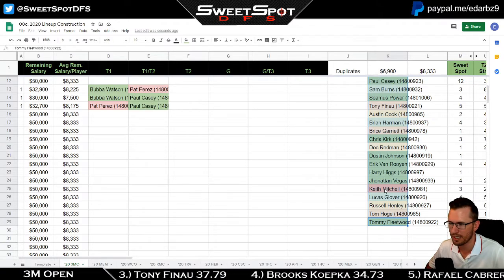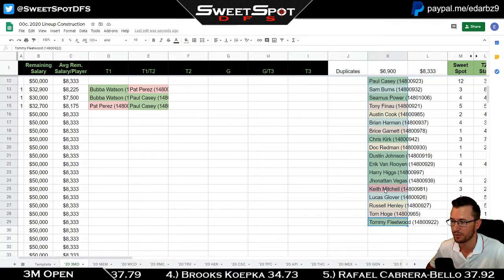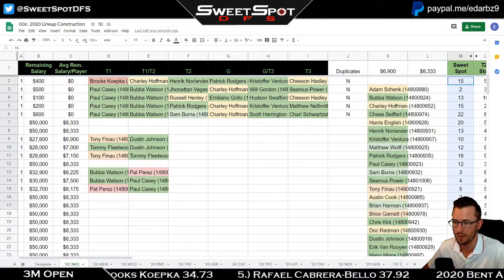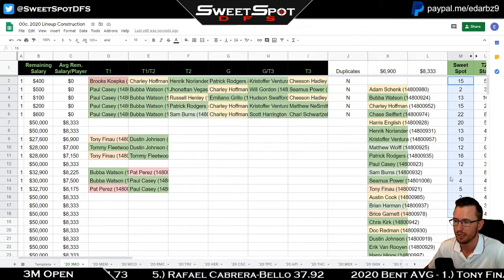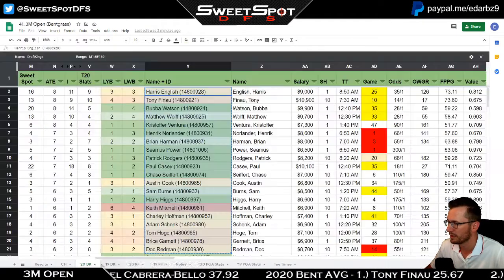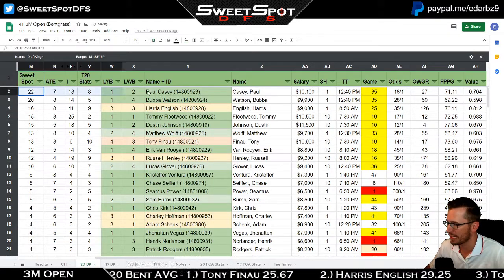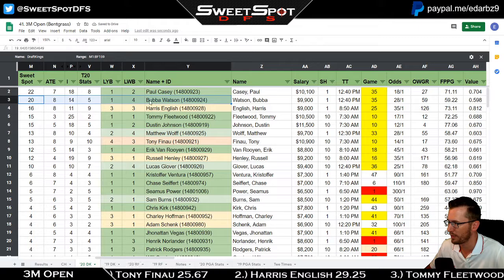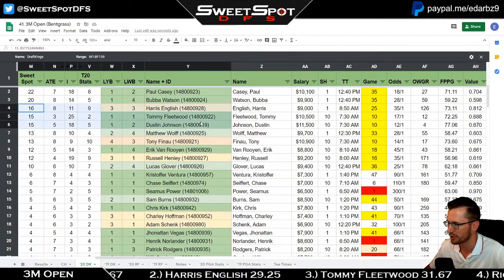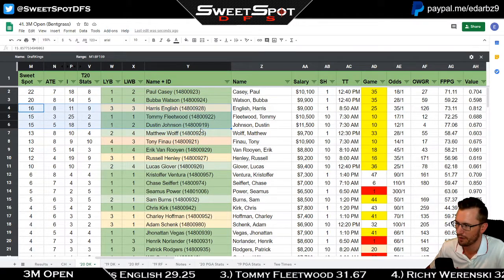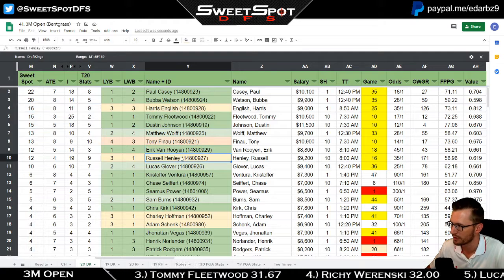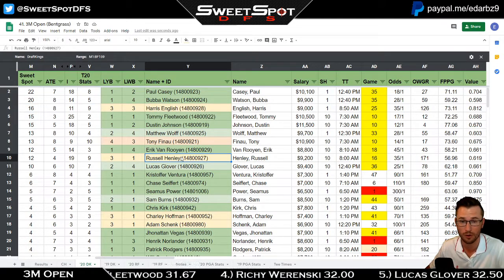But I end up creating 100 lineups, so I will just be using the sweet spot number to its full effect, which means if we were to do that, my highest owned guy is going to be Paul Casey. Next will be Bubba Watson, Harris English, Tommy Fleetwood, Dustin Johnson, Matthew Wolff, Tony Finau, Erik van Rooyen, Russell Henley, so on and so forth.